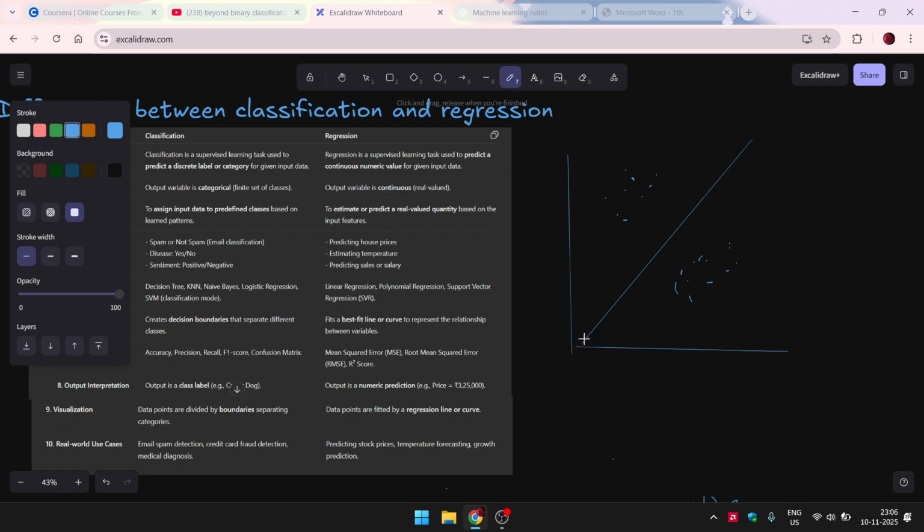This line creates a proper boundary between these. Let's say this is positive and this is negative. So it creates decision boundaries that separate different classes. Both are different classes, let's say positive, negative, or true, false, spam, not spam, anything. So this line creates a clear boundary between them. This is the example of classification.